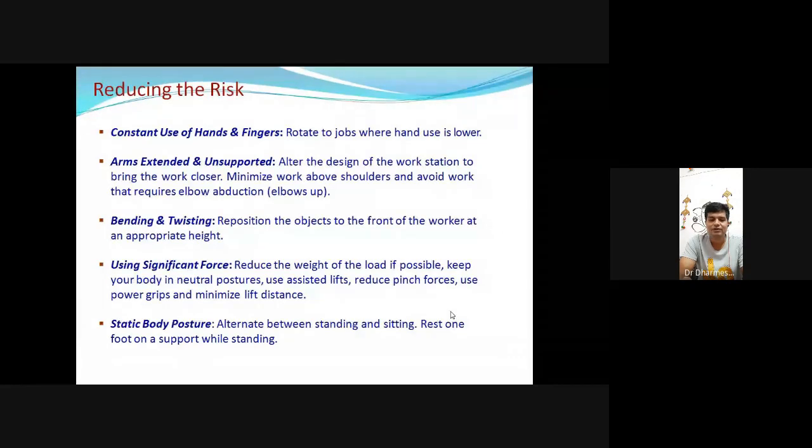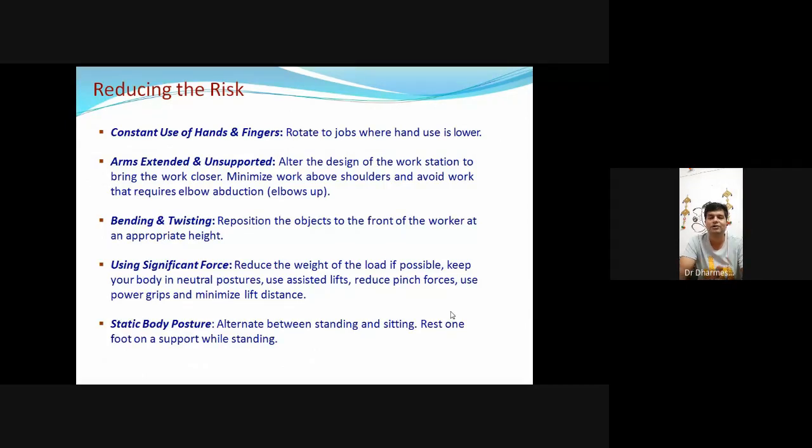One example I will give you: if a housewife, a homekeeper, was working in the kitchen and the patient complains of pain in the lower back, calf, or ankle area, or sore legs while standing for prolonged hours, we have to ask the patient whether she is shifting her weight from left side to right side.